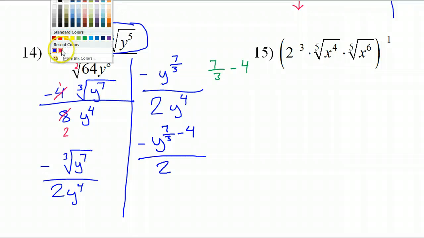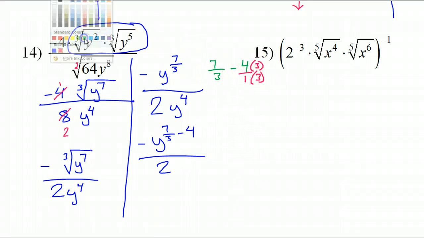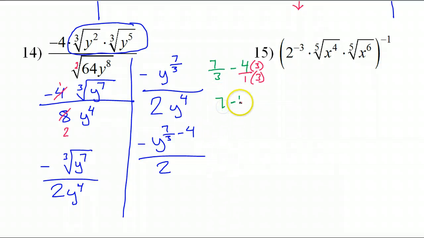Back to green. Well, first of all, 4 is like having 4 over 1. So if I want like denominators, and I do, I'll multiply by 3. So that's going to give me 7 minus 12 over 3. 7 minus 12 is negative 5.